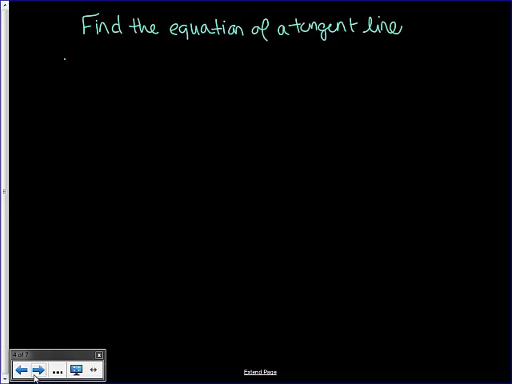So to find the equation of a tangent line, first thing, and you will always be given a point. So first step, find the derivative. Second step, plug in x to your derivative to find your slope.